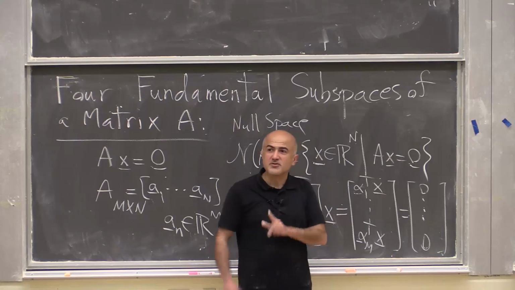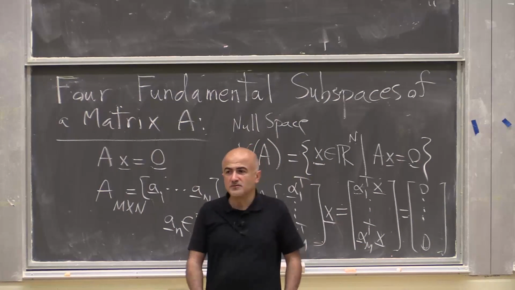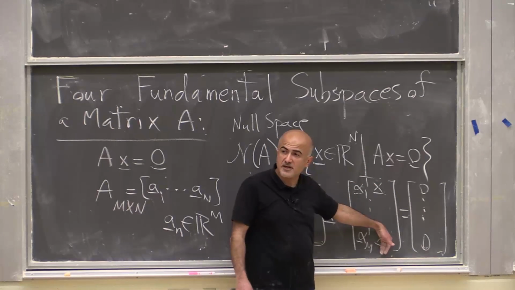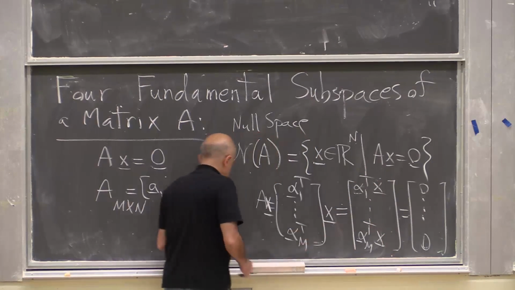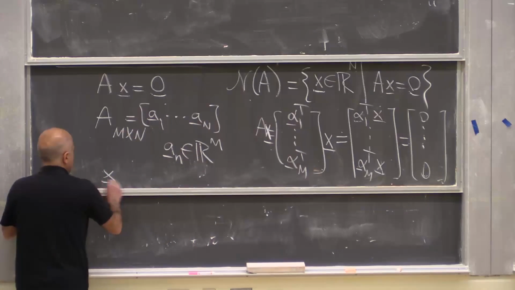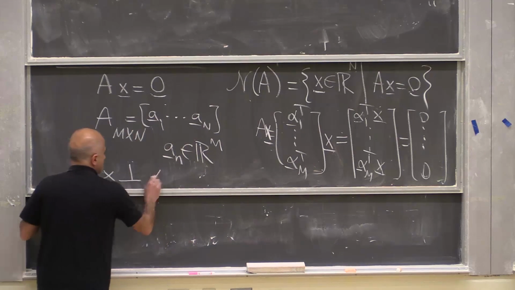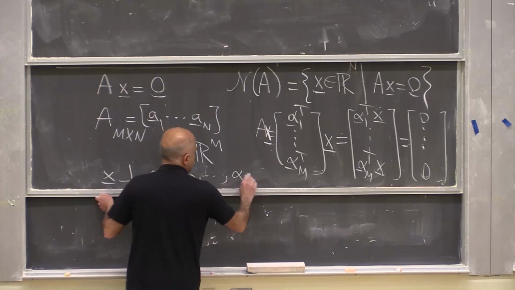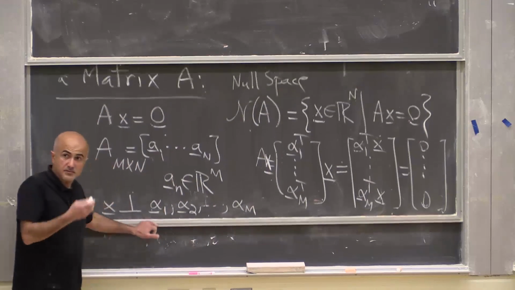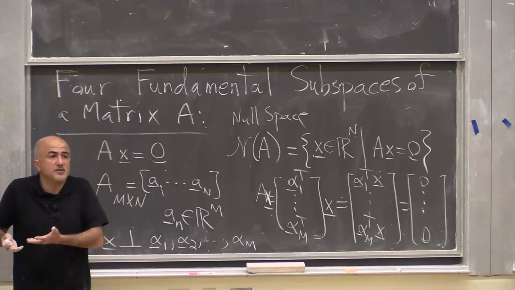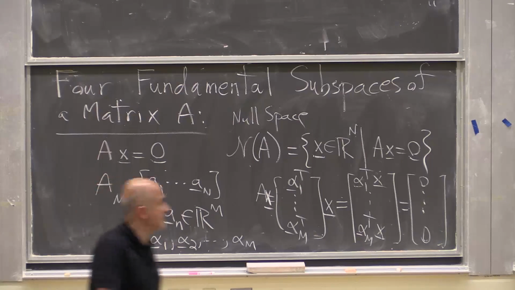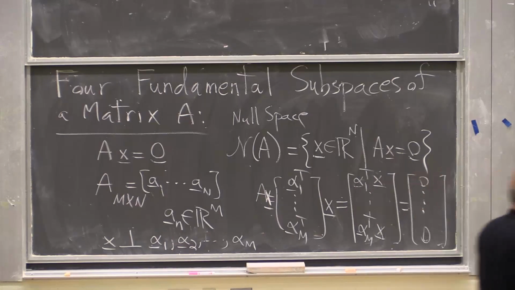So all of the rows of A are orthogonal to the vector x, which means x is orthogonal to alpha 1, alpha 2, all the way to alpha m. We have this interpretation now because now we know inner products and we know what angles between vectors are all about. Okay, I'll pick up on this on Thursday.